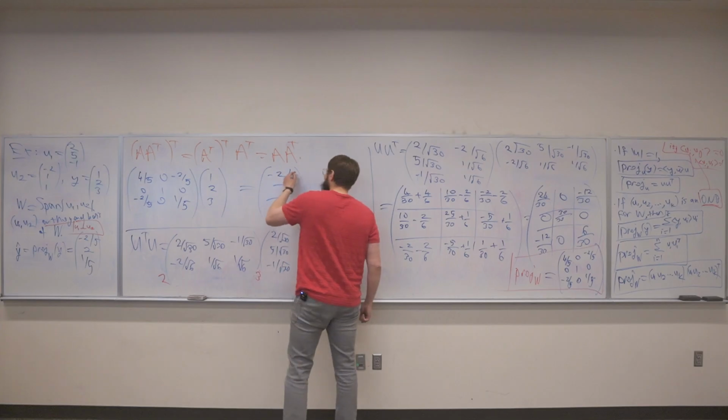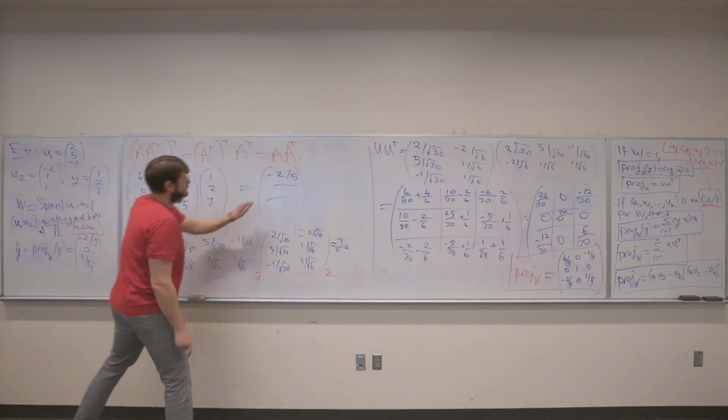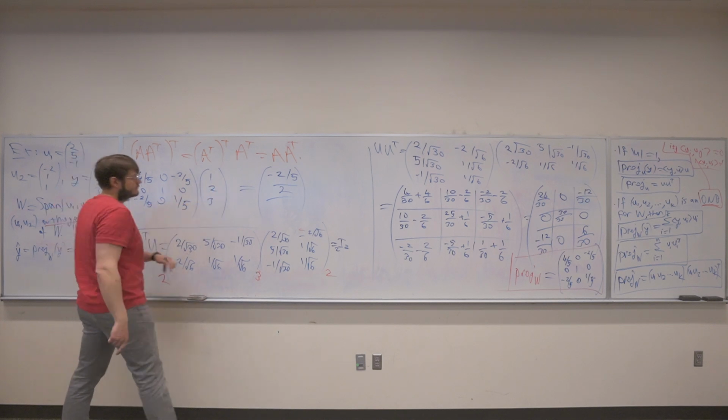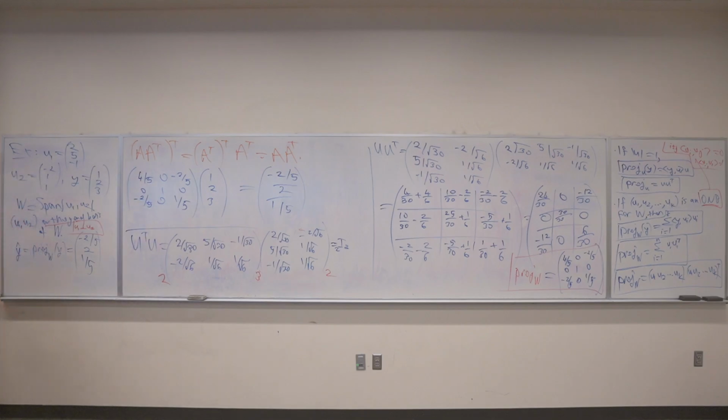Minus 2 over 5. That's 2. And minus 2 over 5, 0. Plus 1 over 5. Nice. Okay, it matches. So this was correct after all.